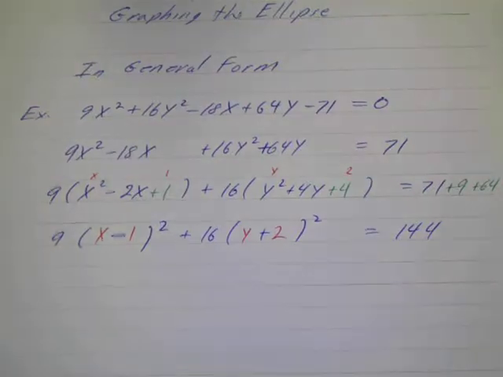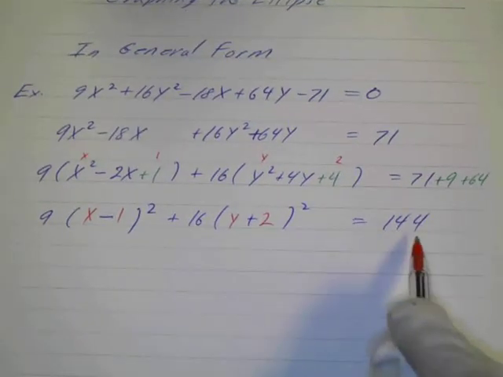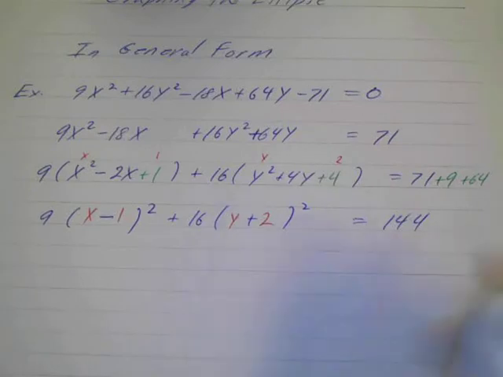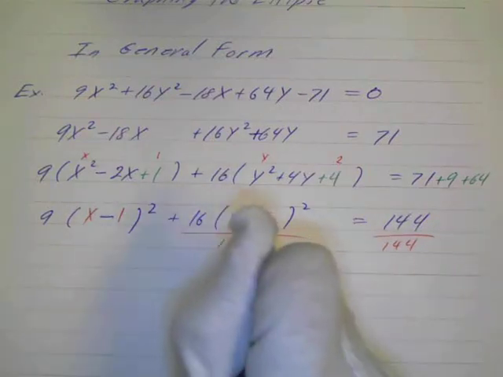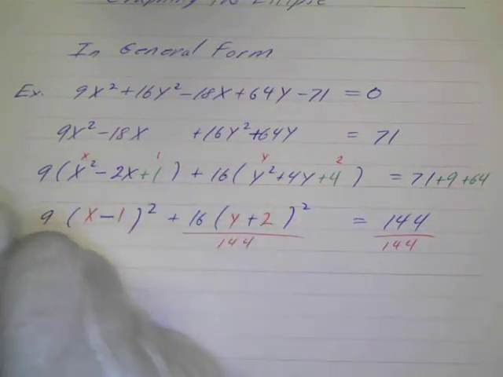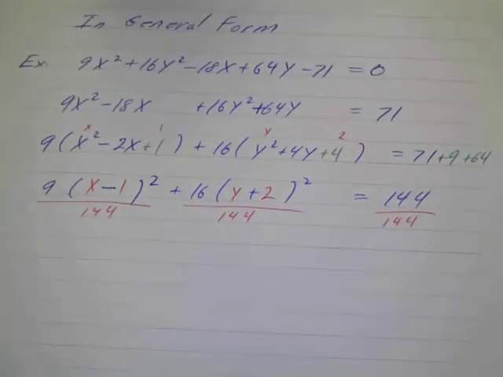Now remember, in our standard form, this has got to be equal to 1, so we just divide everything by 144. So divide every term by 144. Now we can reduce this nicely.